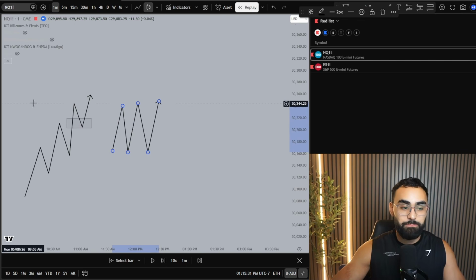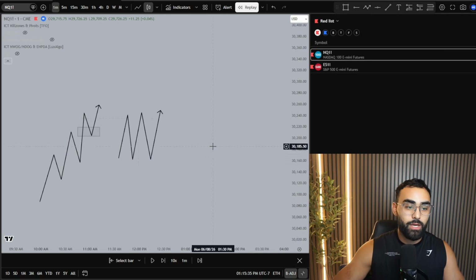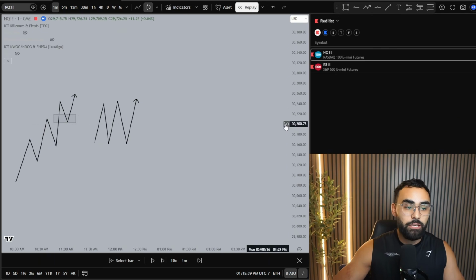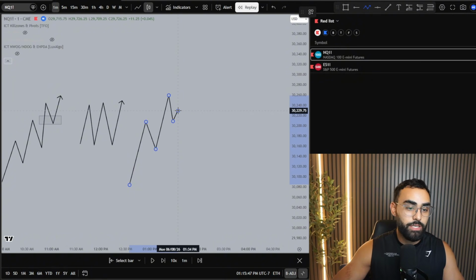If you understand this basic principle with fair value gaps and order blocks, it puts you at an advantage, right? Now, if per se the higher time frame is uptrending and we get to an area of range, so say we're creating higher highs, higher lows on the 4 hour and on the daily, but on the hourly we begin to range.